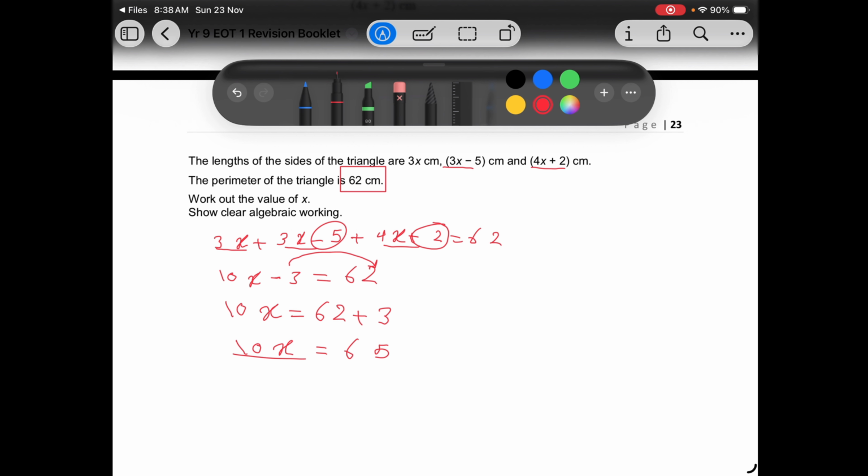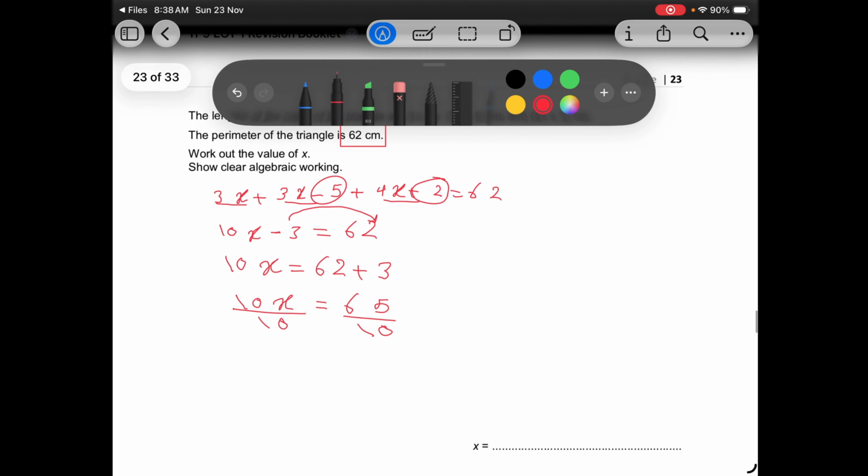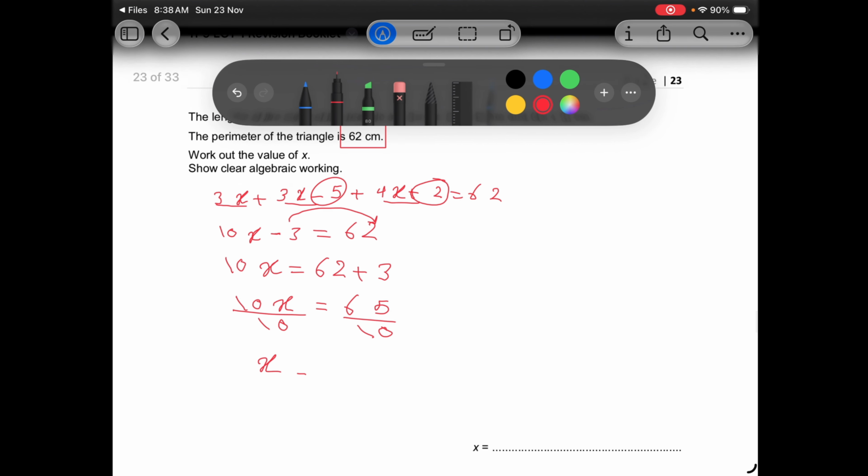I can divide both sides by 10, then x will be 13 over 2 in simplest form, or you can write your answer in decimals, so x will be 6.5. Both are fine, both correct.